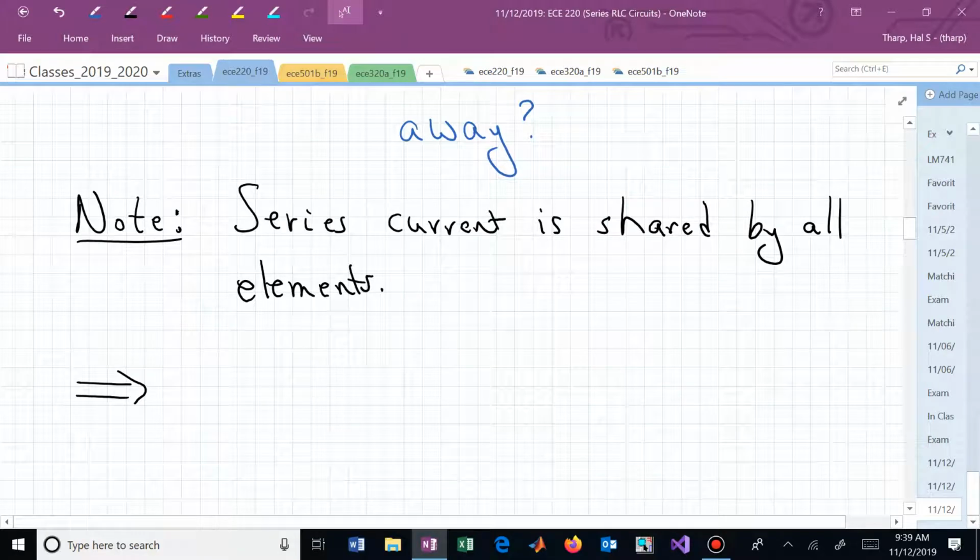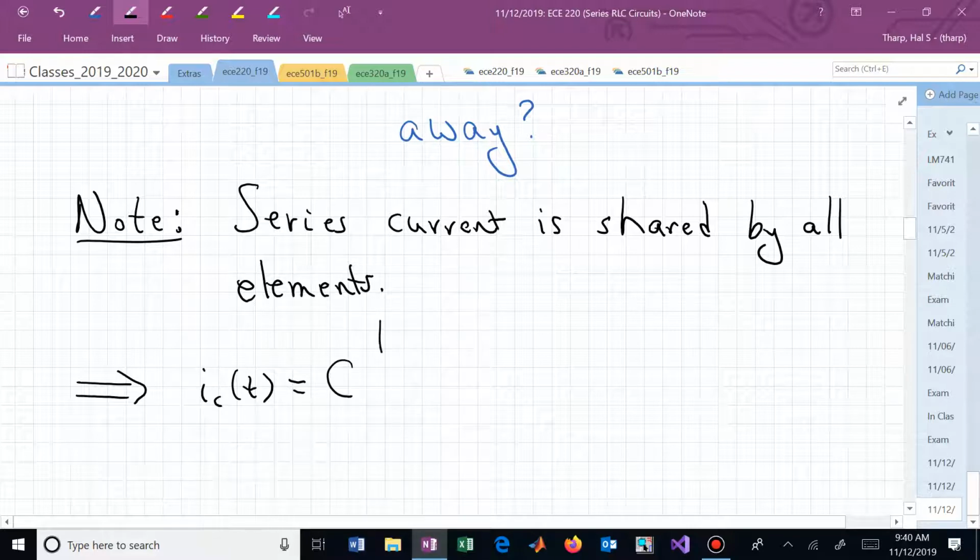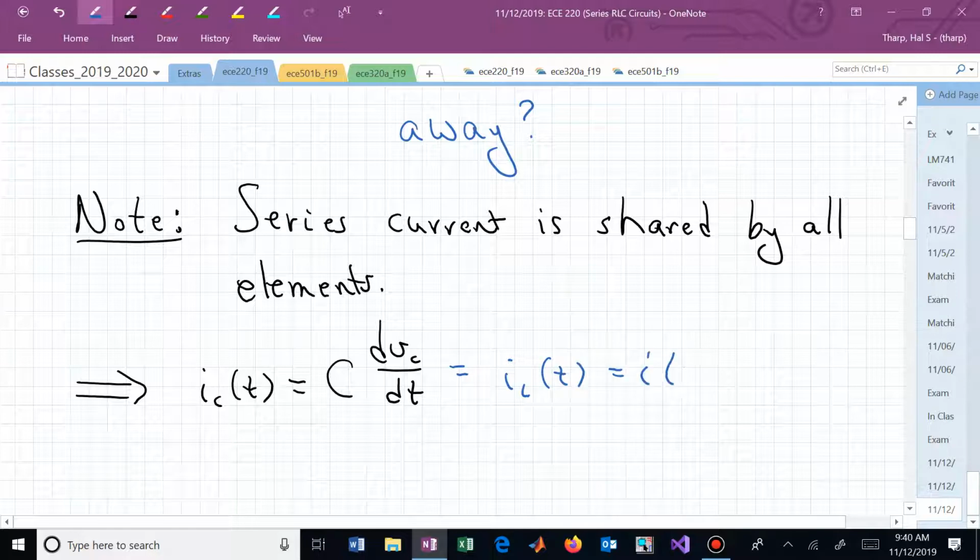And that says then, well, I sub C of t is C dV sub C/dt, but I sub C is the same as all the other i's. That's I of L, I of t, because of this series circuit, or the fact that all of these elements are in series.